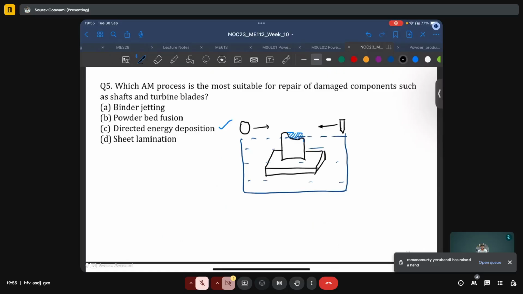Now that will directly come in contact with this say exposed region of the part and can lead to collision or damage to the roller or doctor blade or damage to the part. So processes such as powder bed fusion or binder jetting, where we must spread a thin layer of powder in each layer, are inherently unsuitable for repair applications.